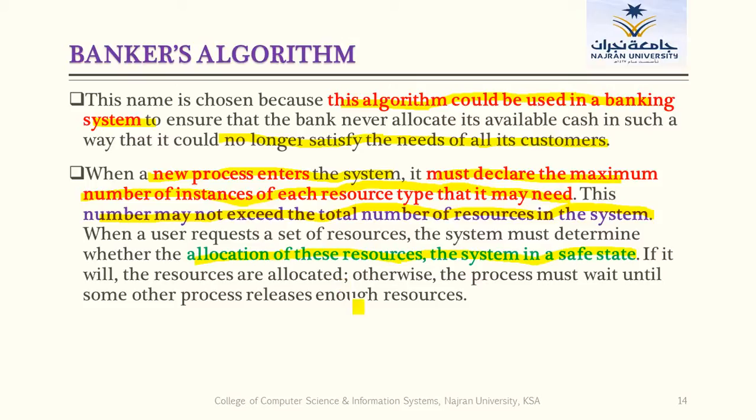So the system will check whether the allocation of the resources leaves the system in a safe state or not. After checking the claim from the process, if there is no chance of an unsafe state, then the resources will be allocated. Otherwise the process must wait until some other process releases enough resources. So this is Banker's algorithm.